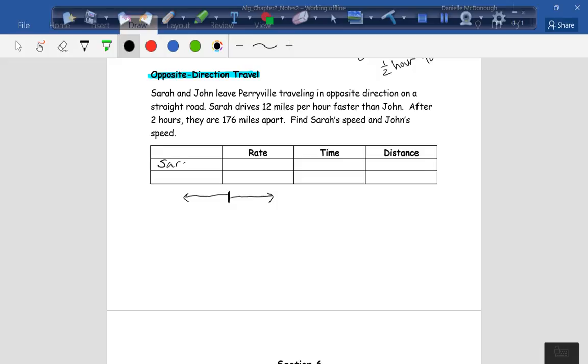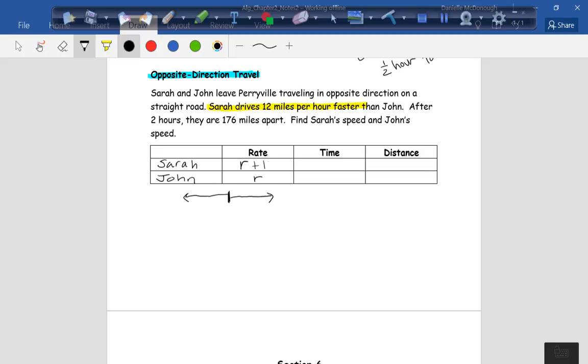So the two people we have here are Sarah and John. Okay, if I look in this information here, it tells me Sarah drives 12 miles per hour faster than John. Okay, so let's say John is R, while Sarah is driving 12 miles per hour faster than John.